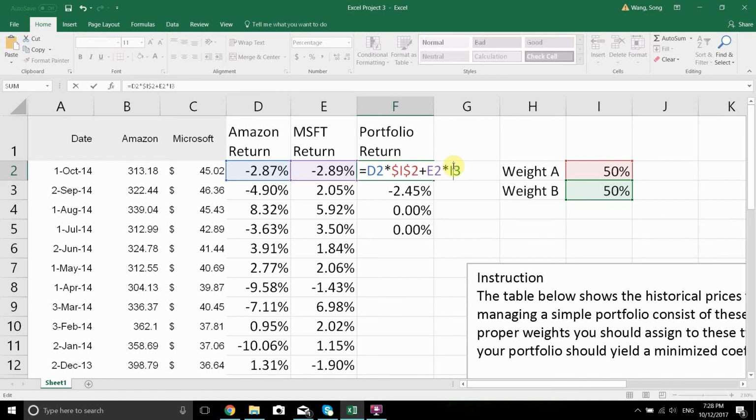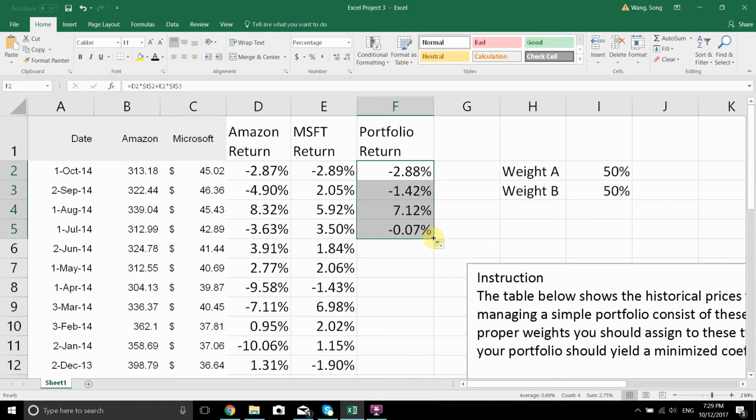So F4 is on the very top of your keyboard. You won't miss it. So F4 right here, that would do as well. And then I can drag it down.